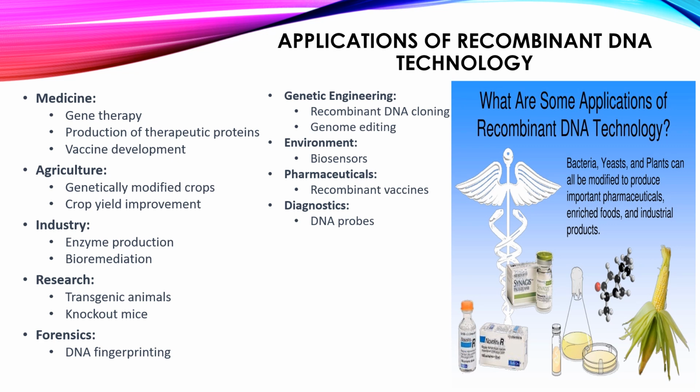In the environment, it has its application in the form of biosensors, genome editing, and recombinant DNA cloning, which can be some of the possible applications of recombinant DNA technology.